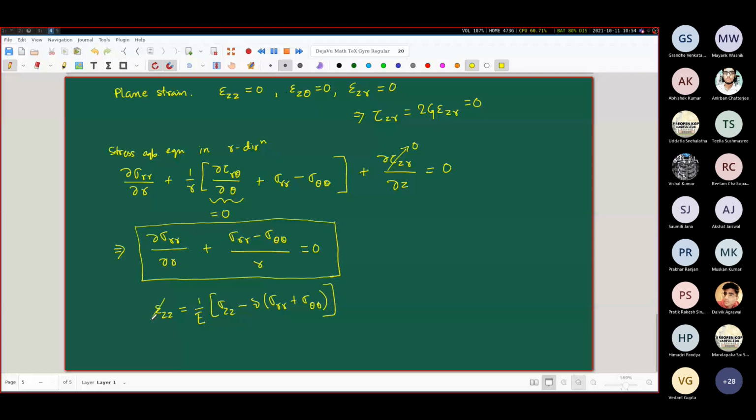Now, since we are saying that under plane strain, epsilon zz is equal to 0, this implies that sigma zz is equal to nu times sigma rr plus sigma theta theta. Fine. What this means is that if you go to the equation for the epsilon rr, that becomes slightly simpler.